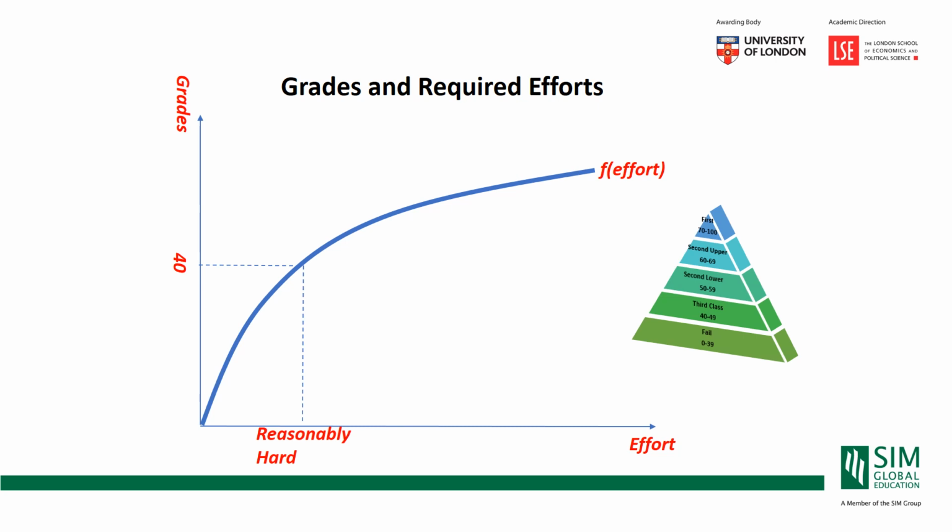So what do we mean by reasonably hard? It will mean that for each course that you take, we will expect you to spend at least 8 quality hours, seriously working in terms of the understanding, reading, and these 8 hours include the amount of time that you spend to attend lectures and tutorials.